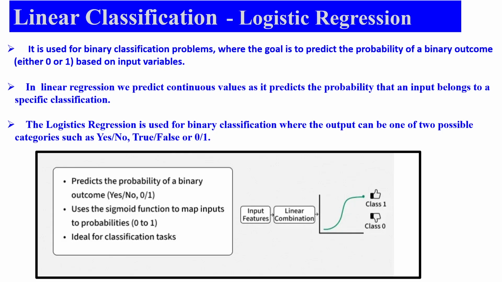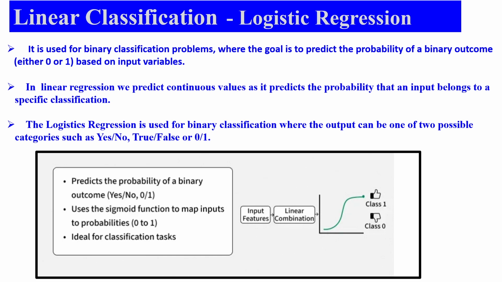Compared to linear regression, which predicts continuous values, here it predicts the probability. So, it can have an answer like yes or no, true or false, or 0 or 1, unlike other regression models where you predict continuous values of a function. That is the difference.